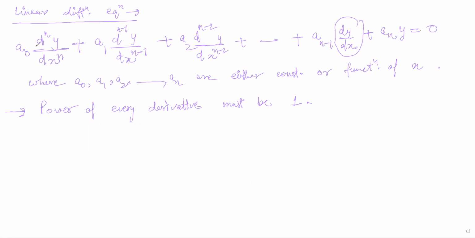Because if the power is greater than 1, then this equation is not linear. We have been studying linear equations from class 9th. We know what linear means. Linear means power 1, right? So how can the power be changed?